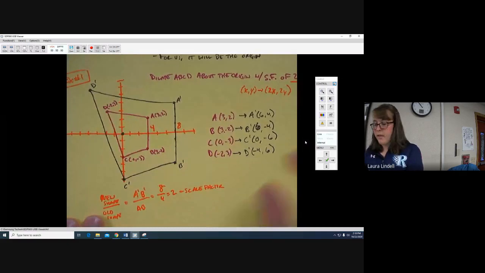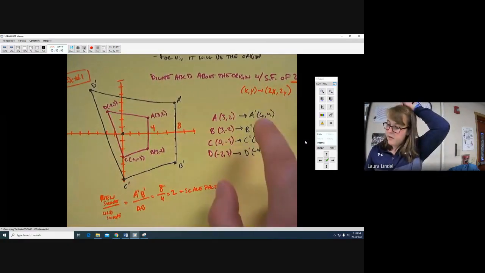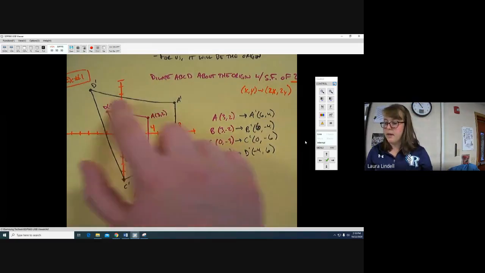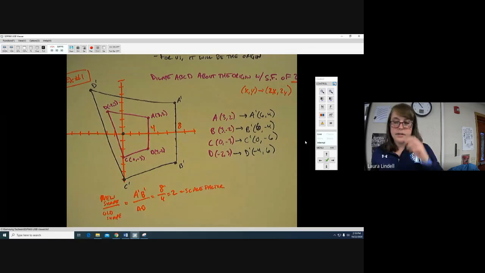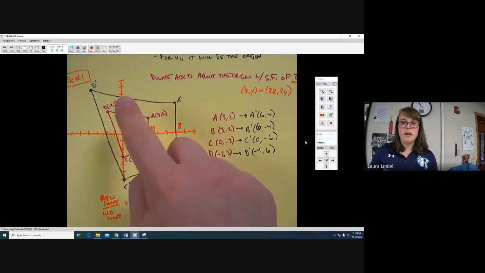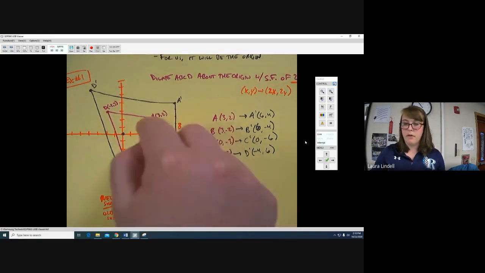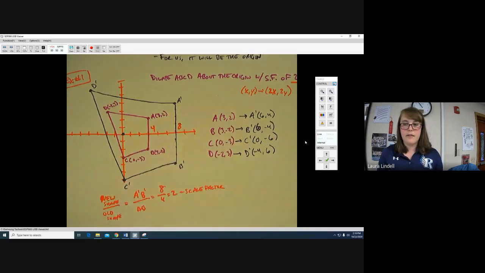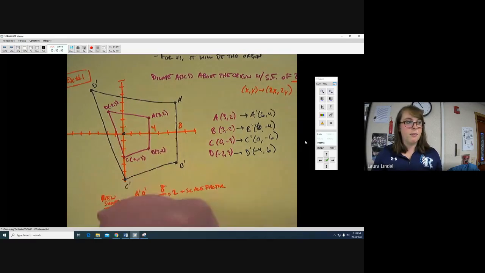So for finding the shape itself, you just multiply the coordinates by 2 since the scale factor was 2. What I was talking about down here was if I didn't know the scale factor, but I was shown these two shapes, I could find the scale factor by dividing the new shape by the old shape on the side lengths. So that's something that you could do if this would be like a separate problem though.